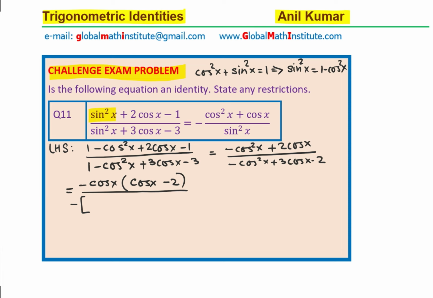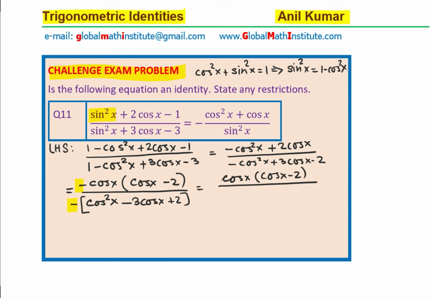Let me first rewrite with taking out the minus. So we get cos square x minus 3 cos x plus 2, right? Since we factor out minus. Now these two minuses, they cancel, right? So we can rewrite this as cos x times cos x minus 2.